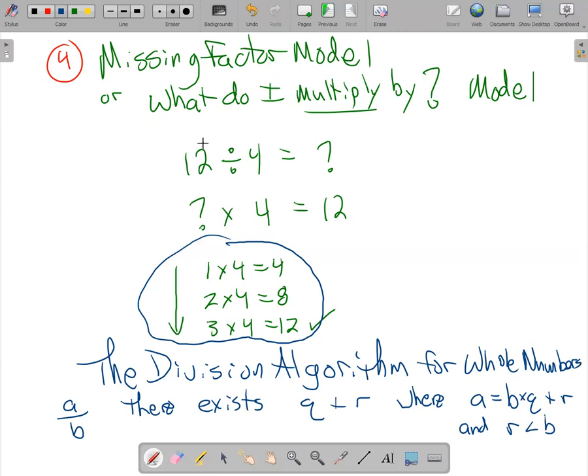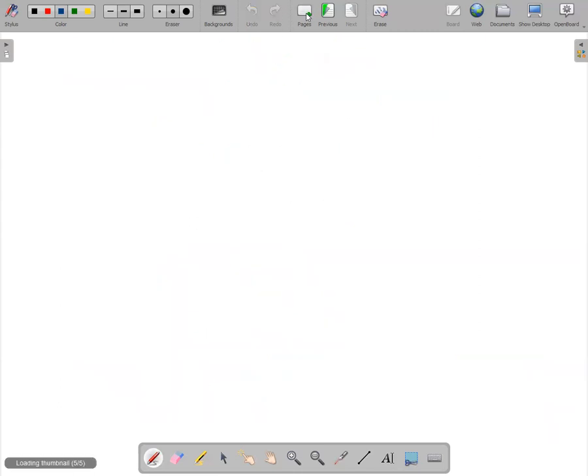Let's take a slightly different problem, slightly harder, but not too bad. Let's look at 17 divided by 4, which we could also write as 17 divided by 4, or 17 divided by 4. We have several ways to show division. What was the last part of the formula?